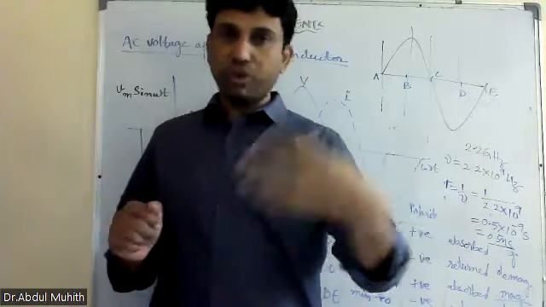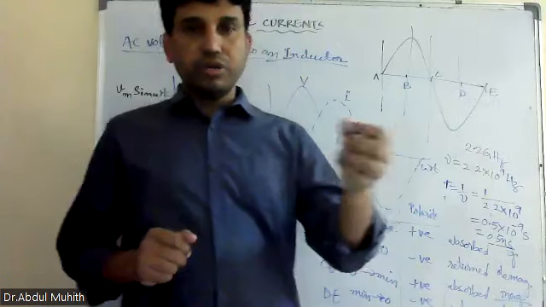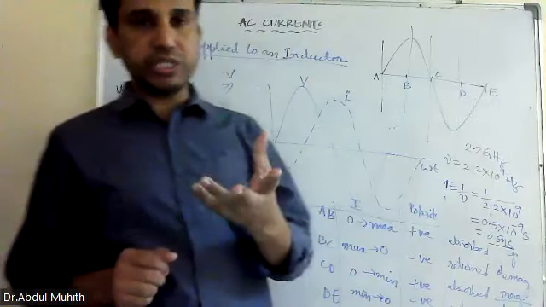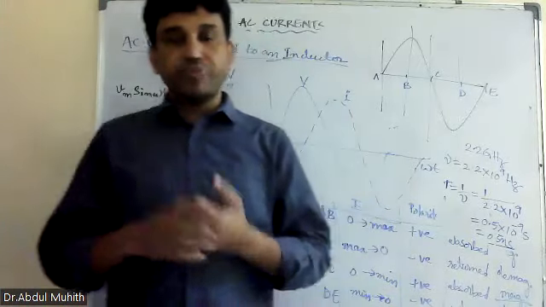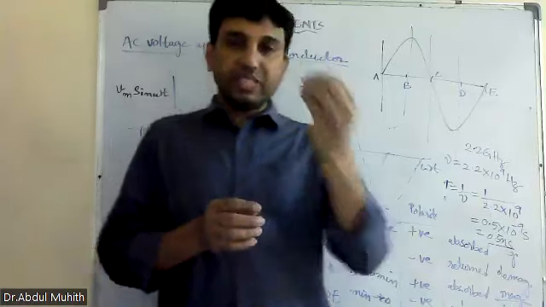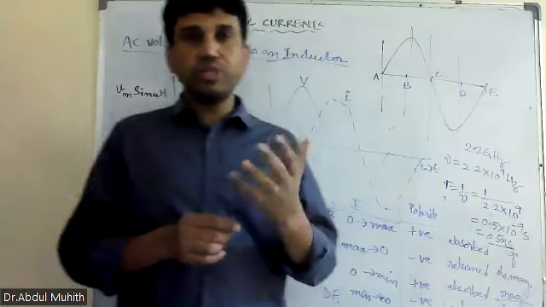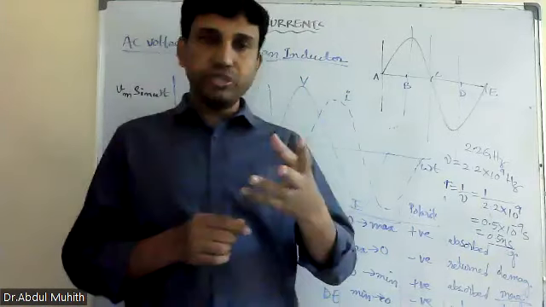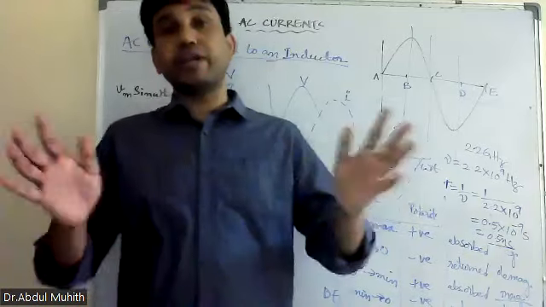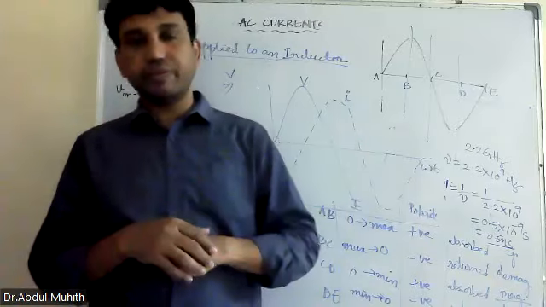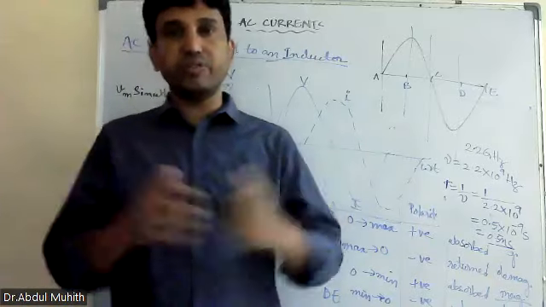Suppose when you are using a laptop, the adapter is converting to maybe 30 volts DC. Now the motherboard requires maybe 4 volts, the CD drive may require 3 volts, the hard disk may require 2 volts. We don't know. But how it is divided, this is all done by a potential divider.